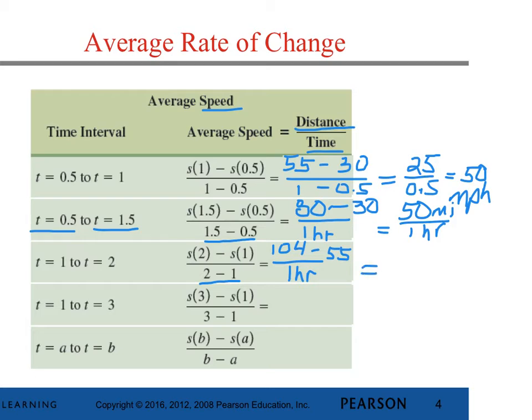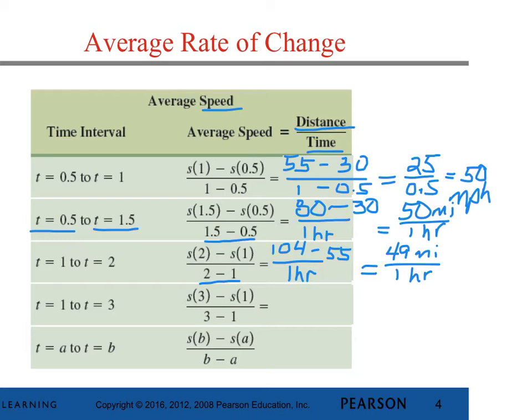And we've already discussed that 104 minus 55 is 49 miles that we traveled in 1 hour. So the average speed, which is the slope from the point (1, 55) to the point (2, 104), that average rate of change was 49 miles per hour.